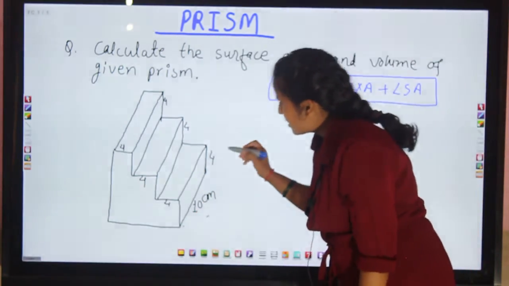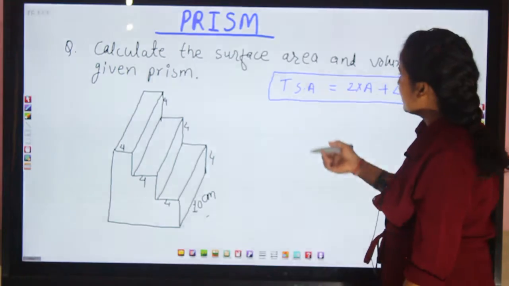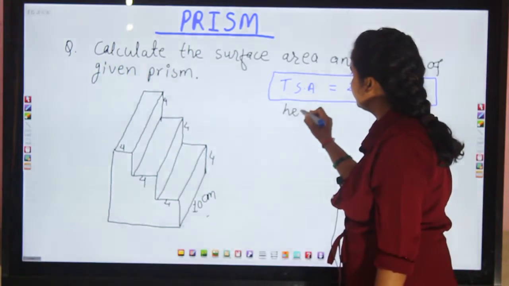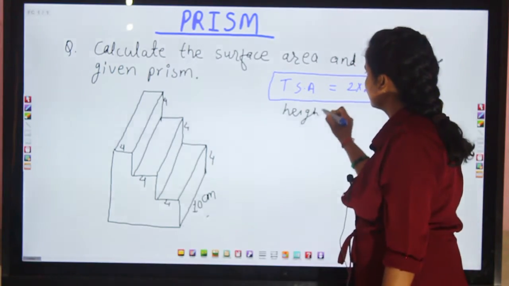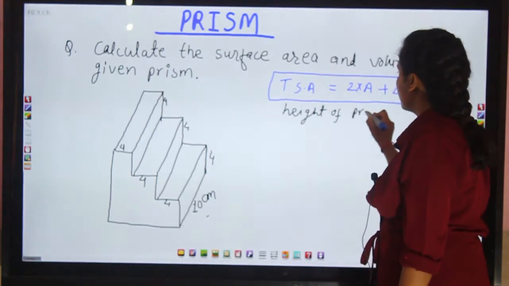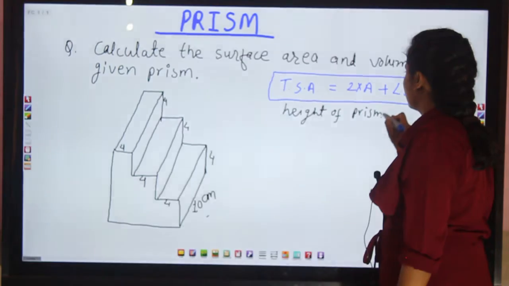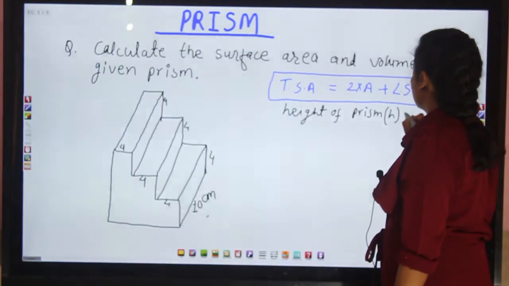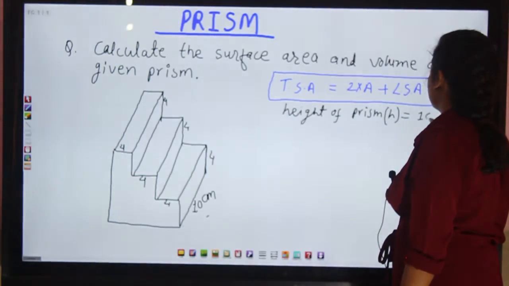Then the 10 centimeter will be the height of the prism. So I am writing here, height of the prism is 10 centimeter.